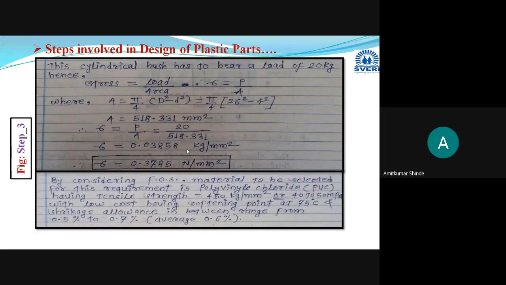Now there will be standard chart values. According to those standard chart values for each material, you get some standard tensile strength values, and with the help of that chart you can decide the material. For this much load, you can go for the PVC material to manufacture that particular bush which can sustain this much load.